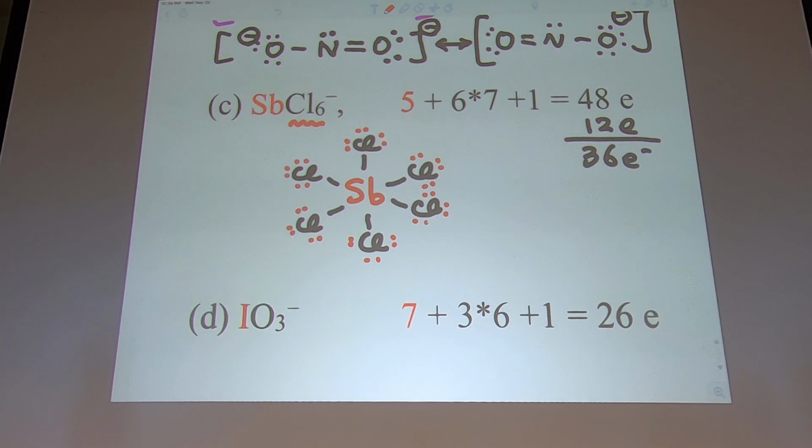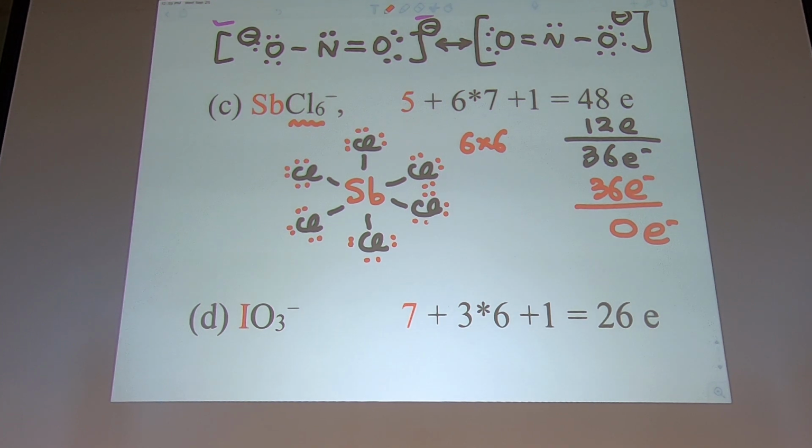They only ask for one bond to satisfy the octet rule, and then there are no formal charges. So it's a good scenario. And if this is the case, that means 6 times 6, right? 36 electrons. So you have nothing left, no extra electrons for the antimony in the middle, and that will be the end of it.